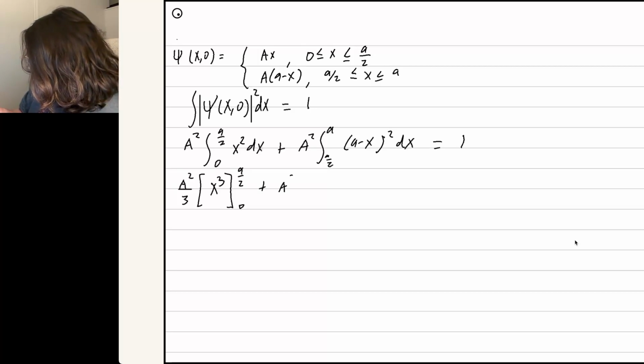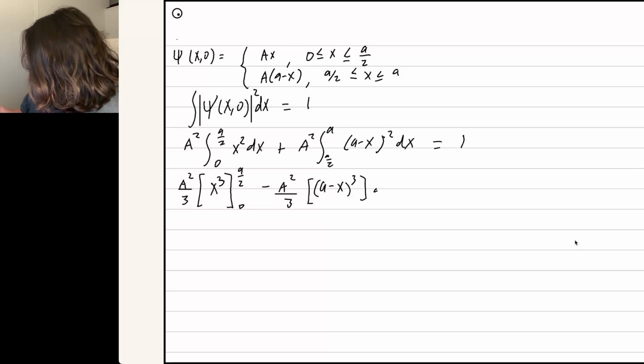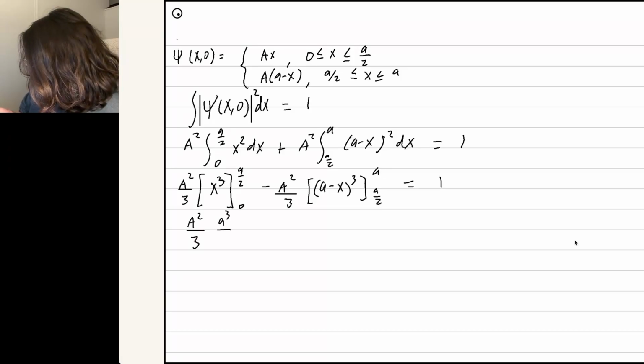And then over here, we're going to end up with a minus sign, and also over 3, we're evaluating a minus x cubed from a over 2 to a. So plugging in the bounds, we have a cubed over 8 and a squared minus 3, or minus a squared over 3.